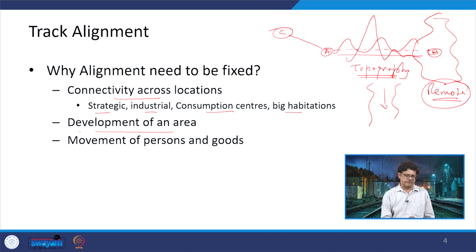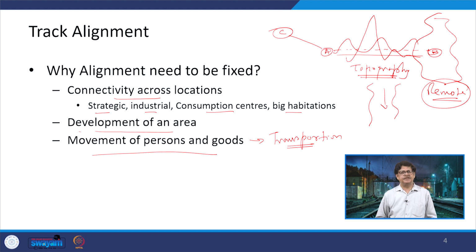And of course, this reason, that is the movement of persons and goods, is the core of transportation. So, if we talk about the transportation definition, what you will say is that transportation is the movement of persons and goods, and the same applies to this rail track and alignment or the rail connectivities or the rail networks which have been provided in a local area or a region or at a national level.